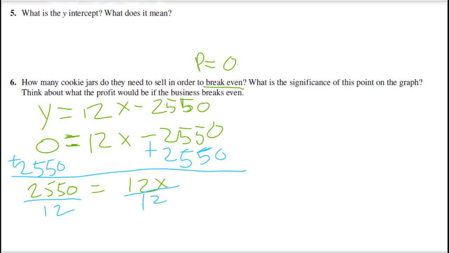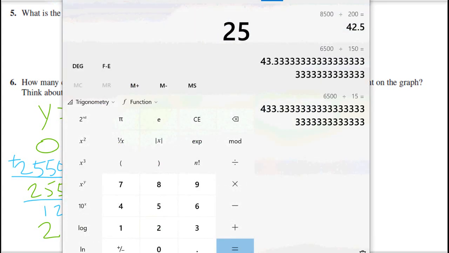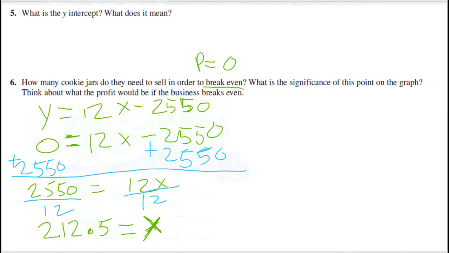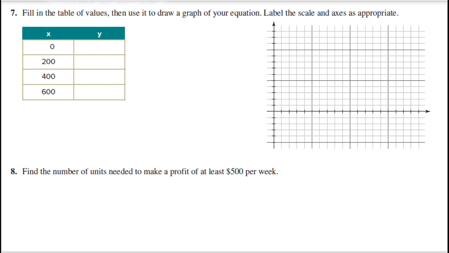And we get 212.5, I believe. Which means we would have to sell approximately 213. Let's check it. Yeah. So 213 cookie jars in order to break even. Go on to question 7 and restart the video once you're done.